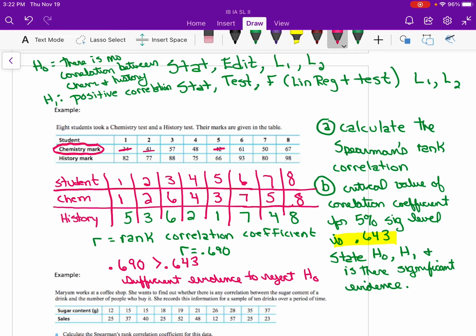So there is sufficient evidence at the 5% significance level that there is positive correlation between chemistry and history marks. Okay, so that's what we got for that example.